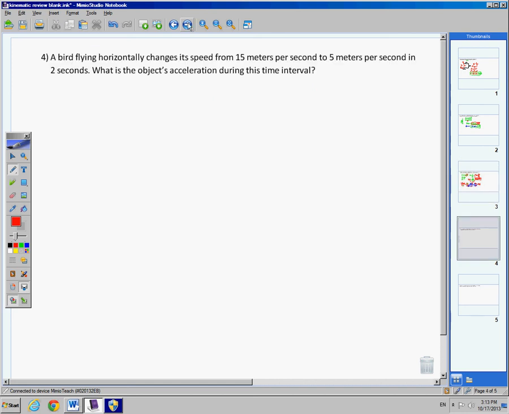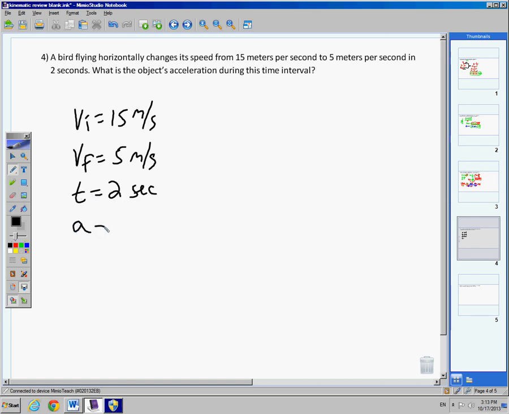Here we go. Number 4. A bird flying horizontally changes its speed from VI equals 15 meters per second to 5 meters per second in 2 seconds. What is the object's acceleration during the time interval?